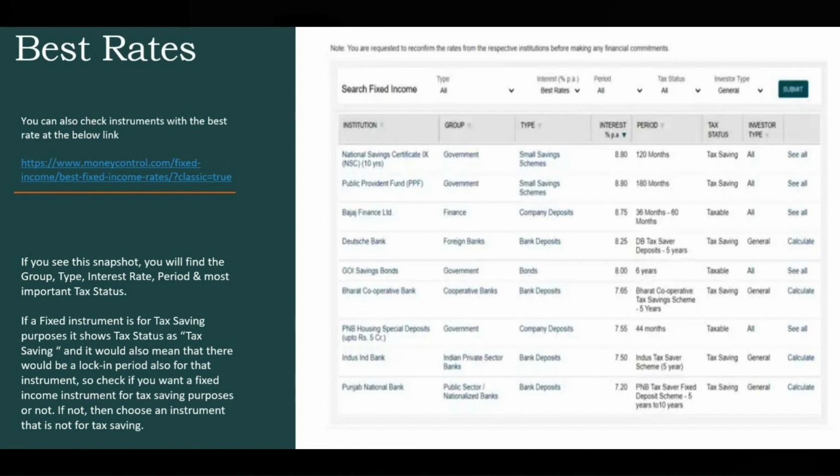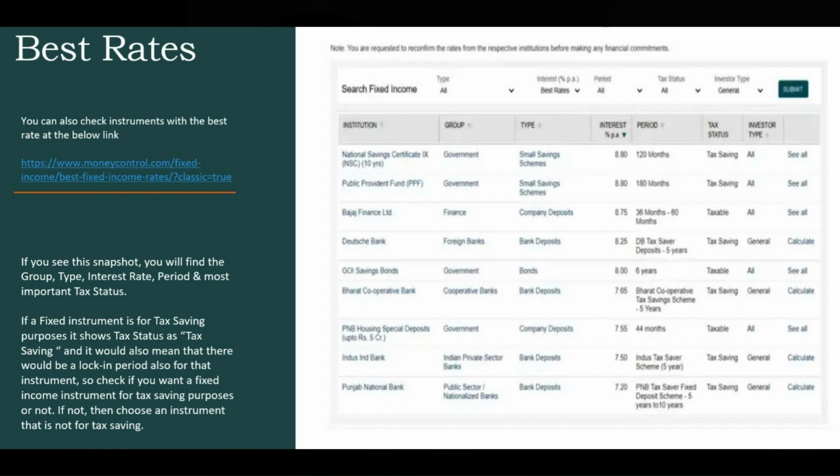Also, I want to talk about a very important thing that you see in this picture. You see that every deposit has been defined with a group. Then you have got type, then you have got interest rate, then you have got period, and then you also have the tax status. Generally, the tax status for a small savings scheme is for tax saving purposes.